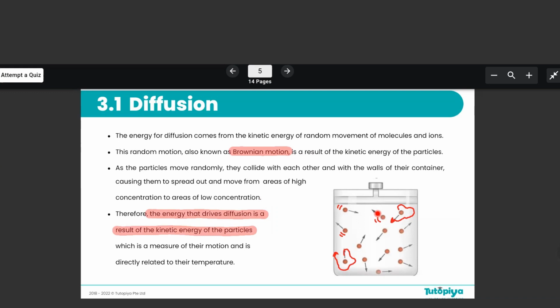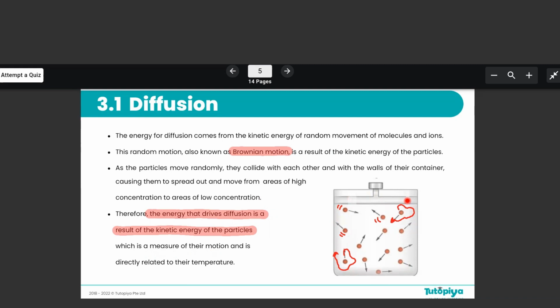And on a separate note, we know that this kinetic energy is a measure of their motion, and this kinetic energy is directly related to the temperature. So if the temperature of this system rises, the kinetic energy too increases, and this results in a higher rate of diffusion. So that's what you need to know about diffusion and Brownian motion.